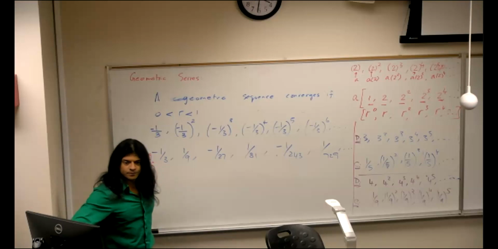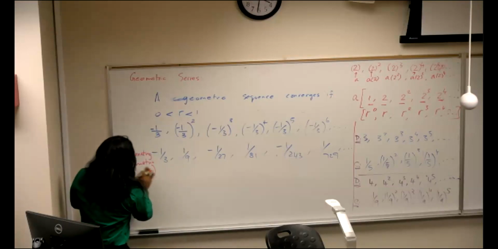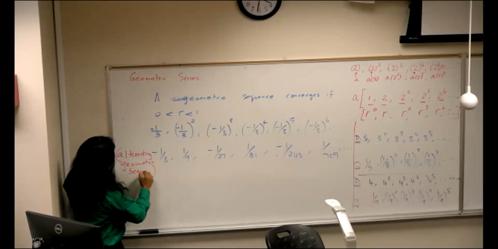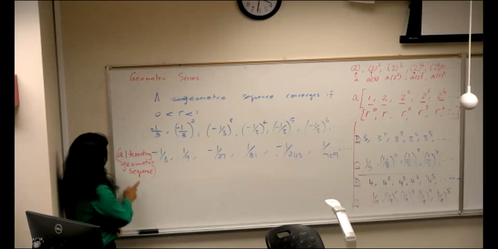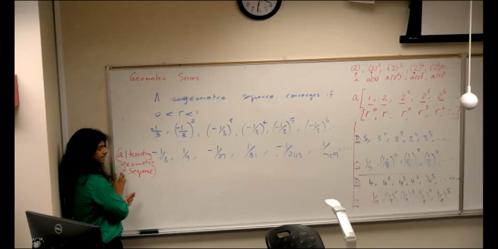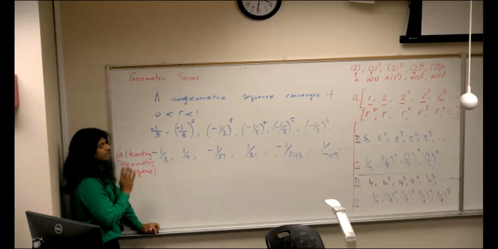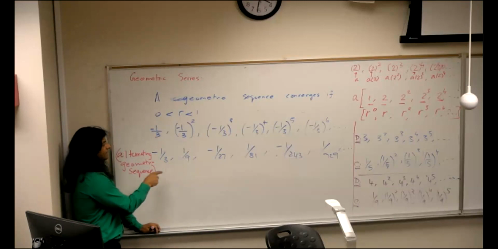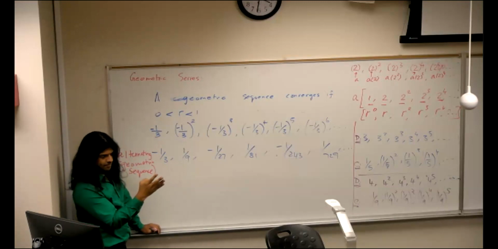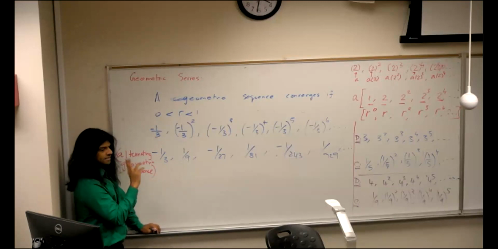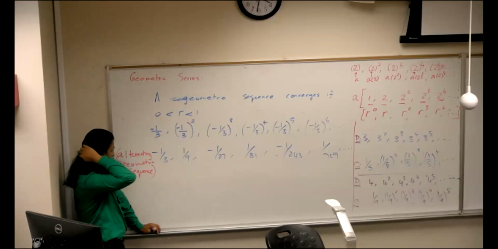So that's if R is between -1 and 0. I didn't mean to say series, I meant to say sequence. So in this case, the fraction that I have is proper. It is between -1 and 0, not inclusive.